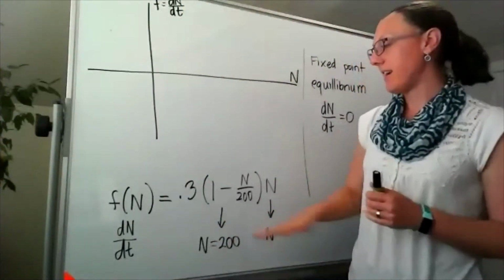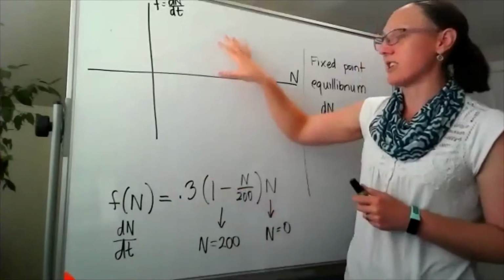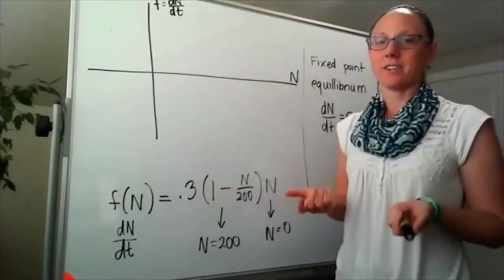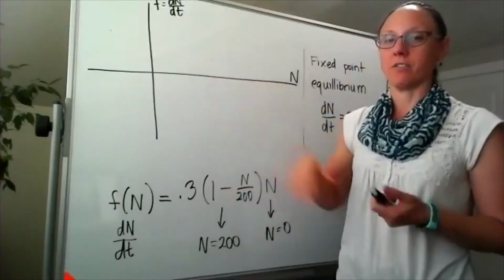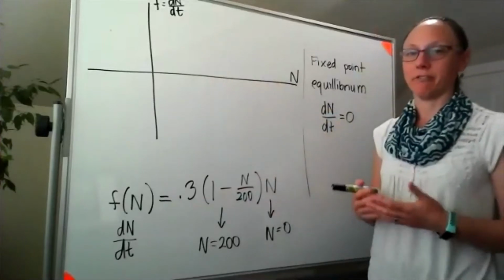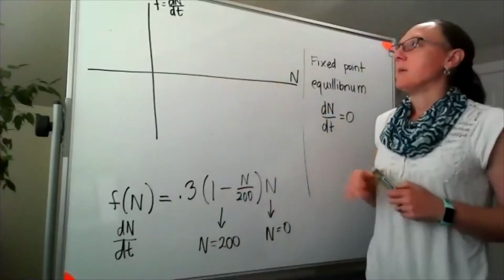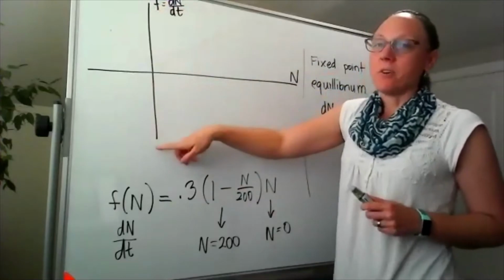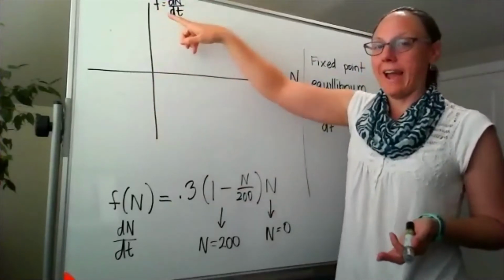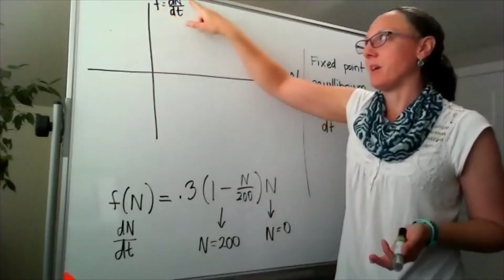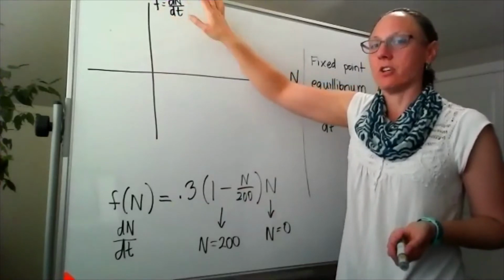So before I even get started sketching a graph of this, I want to talk about what these different parts of the graph actually mean functionally. In this case, my vertical axis or my y-axis is telling me about how the population is changing.